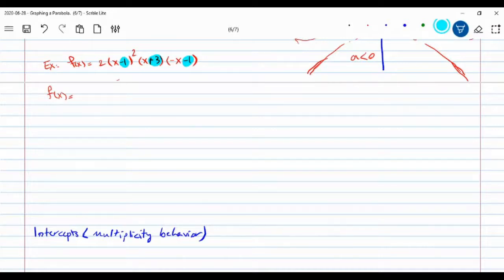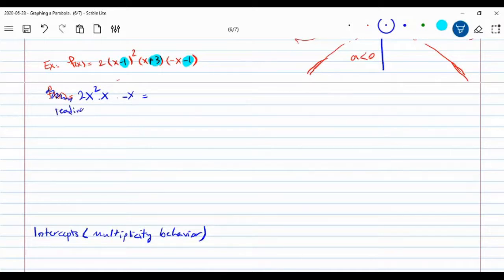So you pick the largest term in each parentheses. Sorry, this is not f of x, this is the leading term.